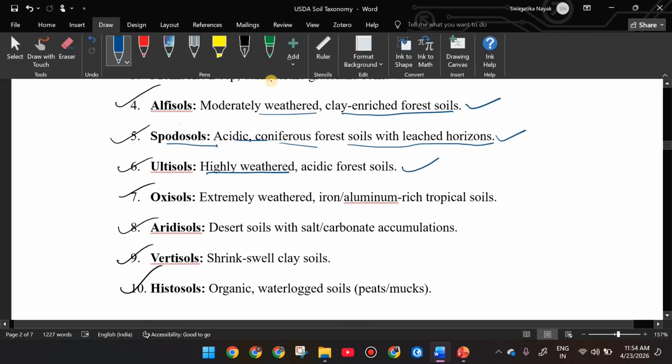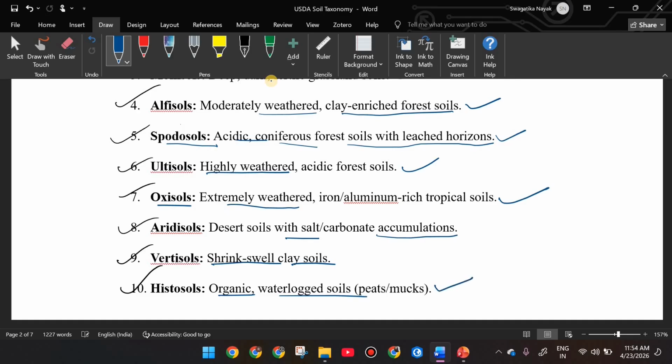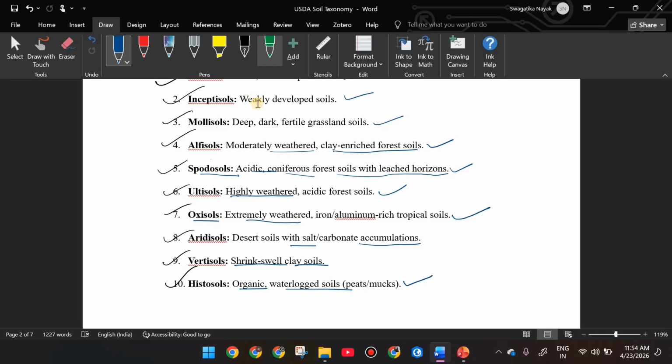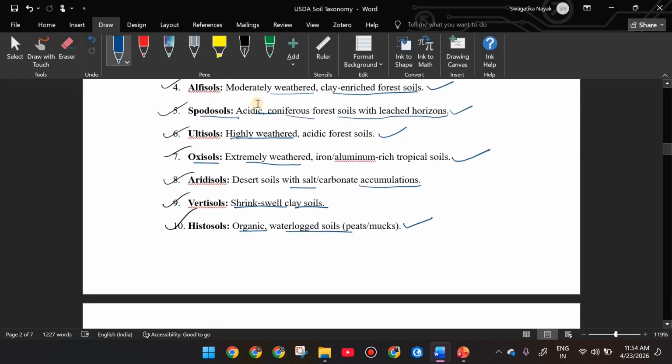Then Oxisols, extremely weathered, iron and aluminum rich tropical soils. Then Aridisols, desert-like, with salt and carbonate accumulations. Then Vertisols, shrink-swell clay soils. And Histosols, organic and waterlogged soils made up of peat and muck. Now we have seen the 10 soils, and we will study them in detail.